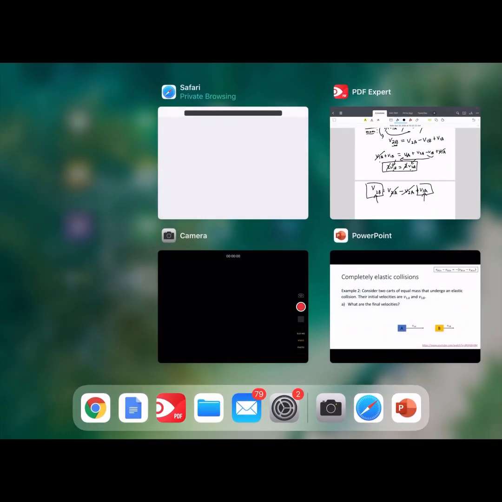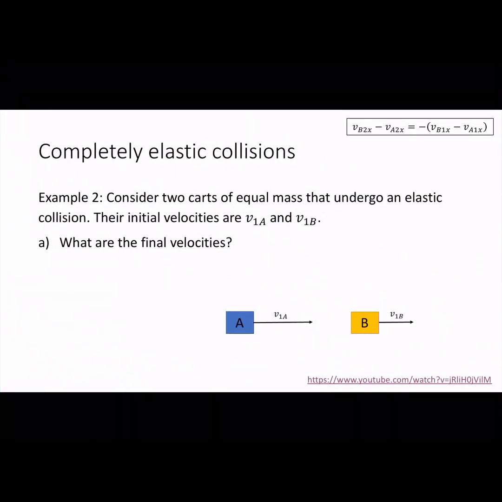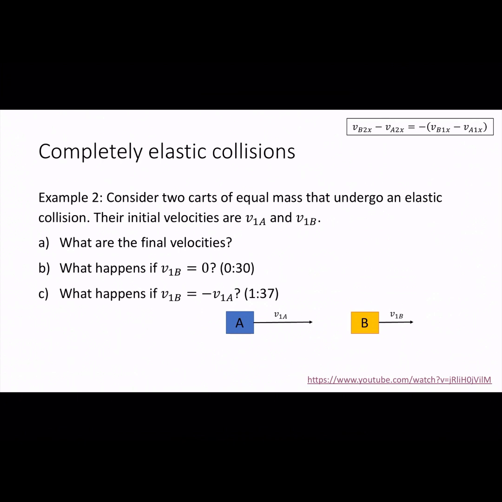So let's see how this works in practice. For example, at 30 seconds in the video, we see what happens if v1b is equal to 0. So if the B velocity is equal to 0, that means it starts at rest, v1a is moving to the right, then after the collision, they'll exchange velocities. This guy will stop, and this guy will be moving with the same velocity as the other one started off with. So here we go.